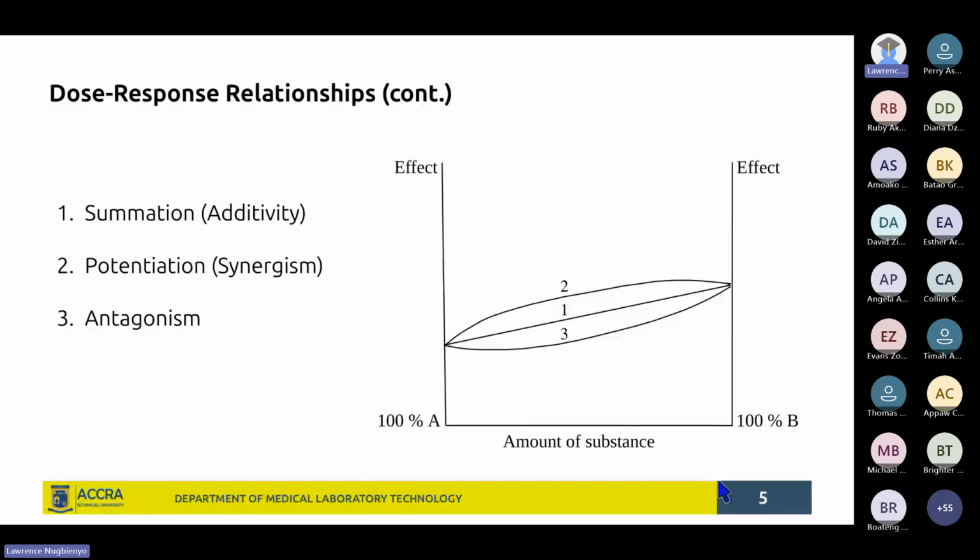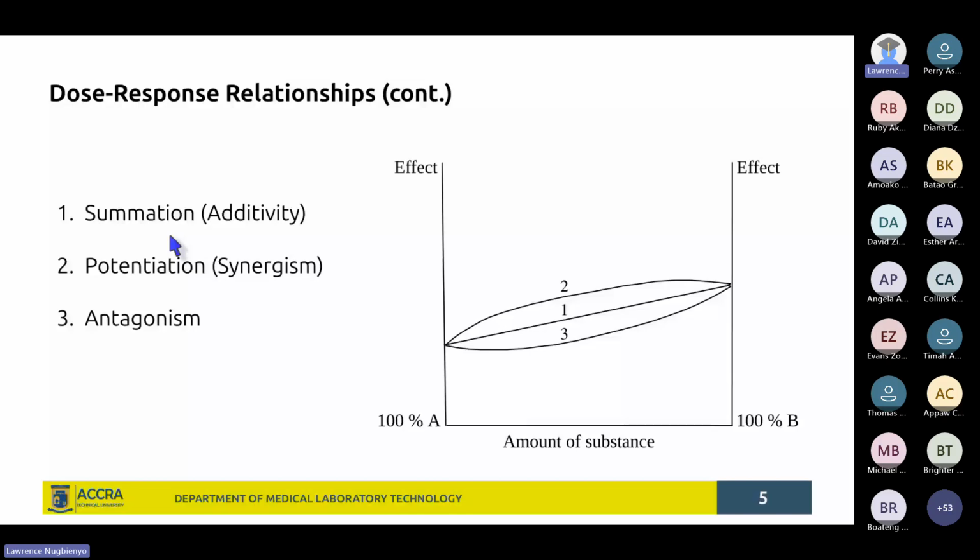Now, what we are showing over here is the three different things that can happen when you combine two different substances together. This is to say, like drug-drug interaction, how maybe two drugs, or two or three drugs, interact. We have what we refer to as a summation or additivity.